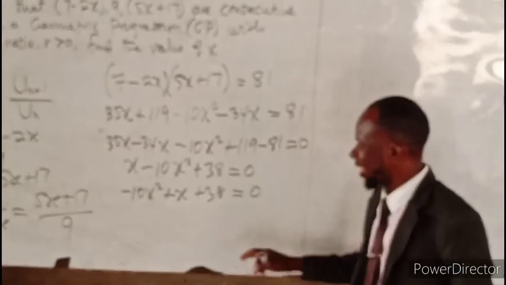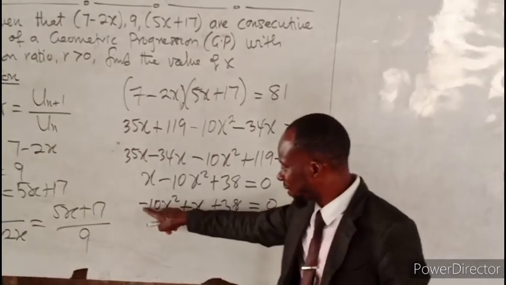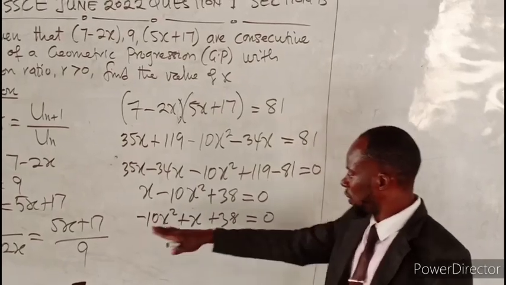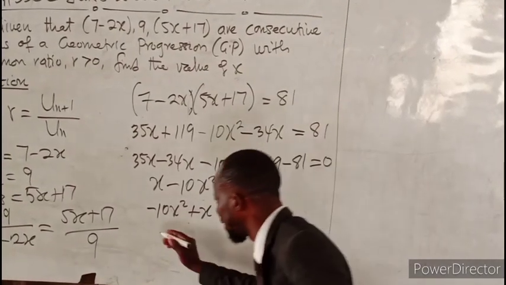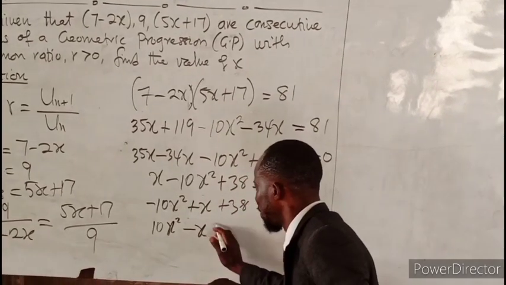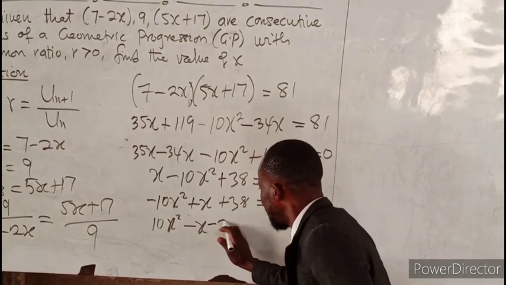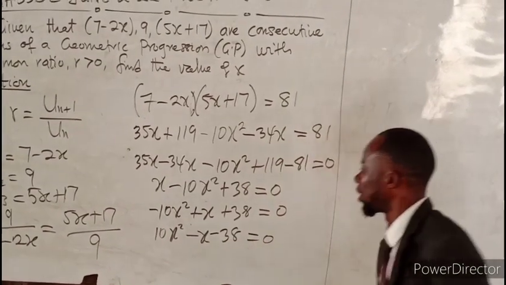We are saying it is ax squared, not minus ax squared, so we need this sign to be positive. So we multiply through by a negative sign. So 10x squared minus x minus 38 equals 0.